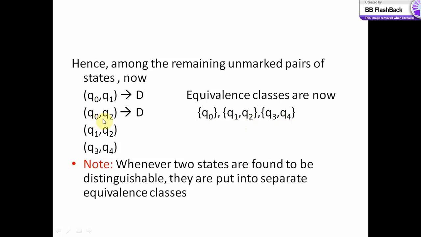And Q0, Q2 again has to be put separately, and it is already separate. So at the end of this step, we have generated 3 equivalence classes: one containing only Q0, another containing Q1 and Q2, and the third containing Q3 and Q4.